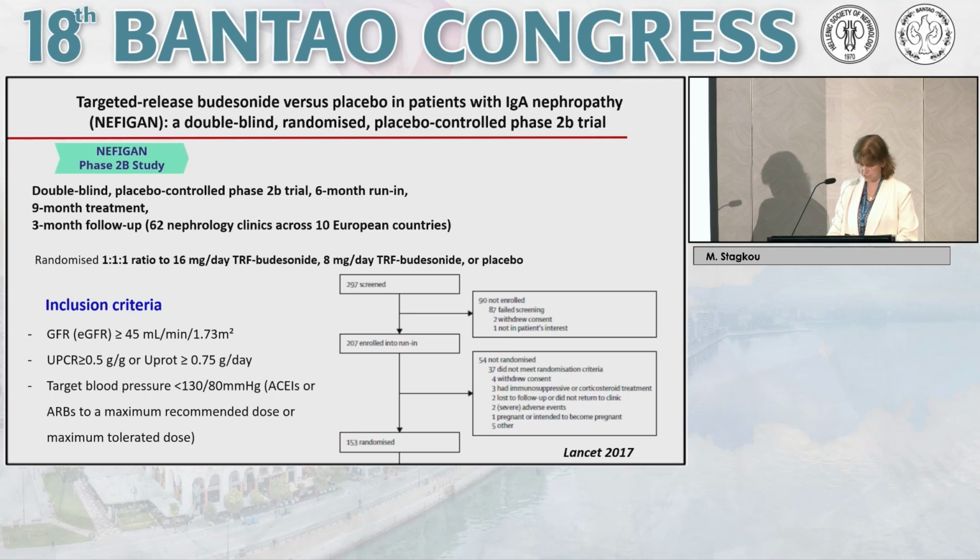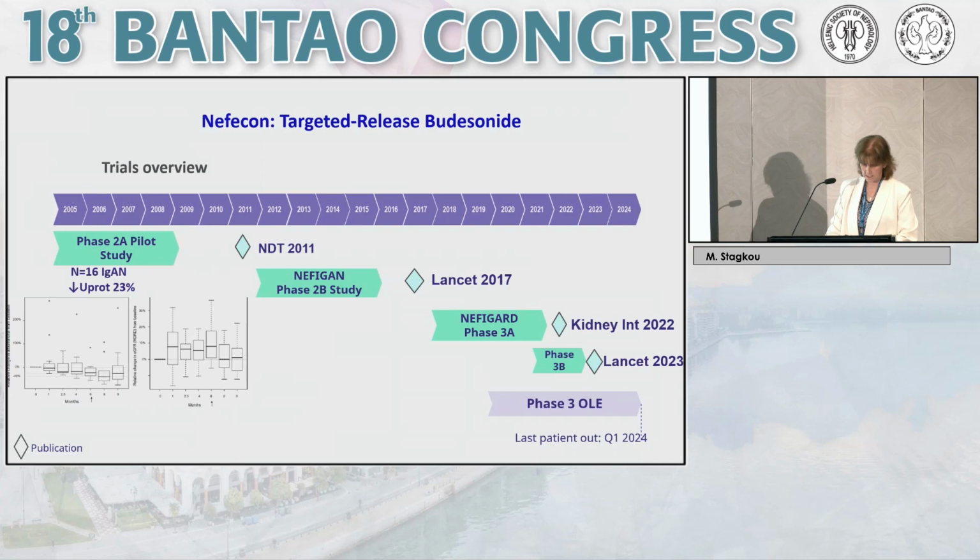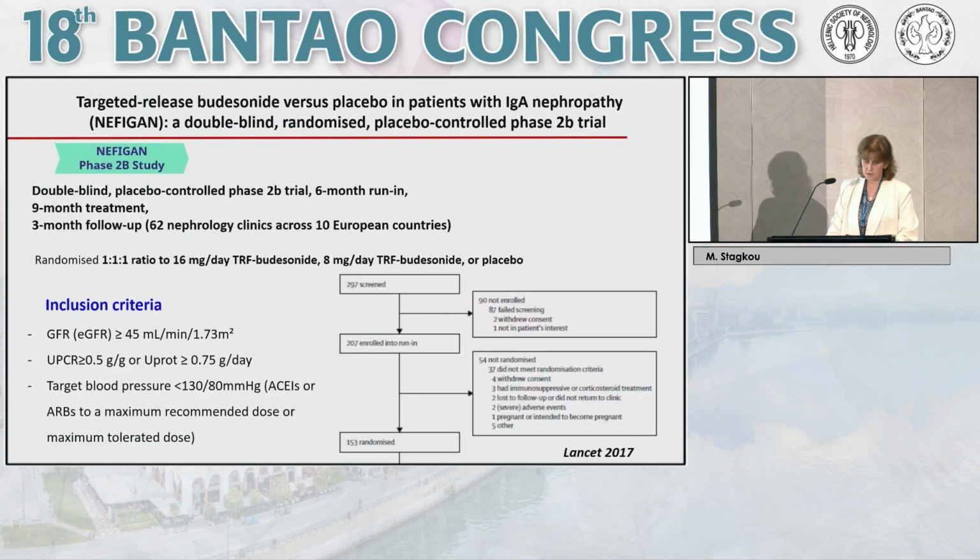The second one was the NEFIGAN 2B study, which was published in Lancet in 2017. This was a double-blind placebo-controlled trial. The inclusion criteria were eGFR more than 45 mL per minute and UPCR, urine proteinuria, more than 0.75 grams per day.